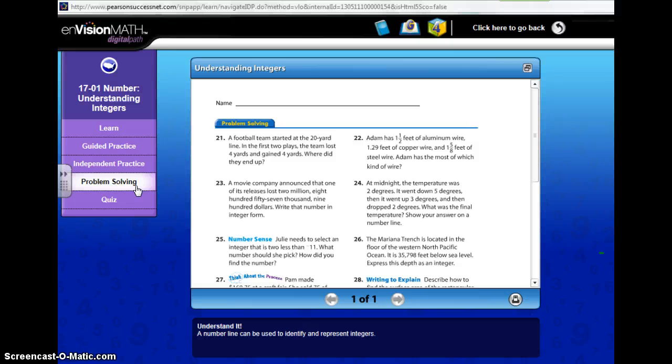I'd like you on your board to write 2 degrees. The temperature at midnight was 2 degrees. It went down 5 degrees, and then it went up 3 degrees. What's the new temperature?